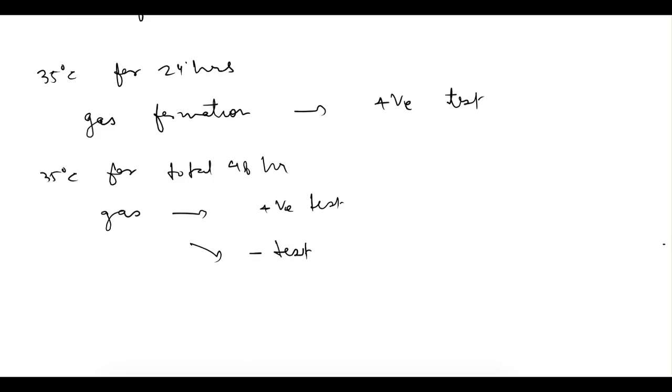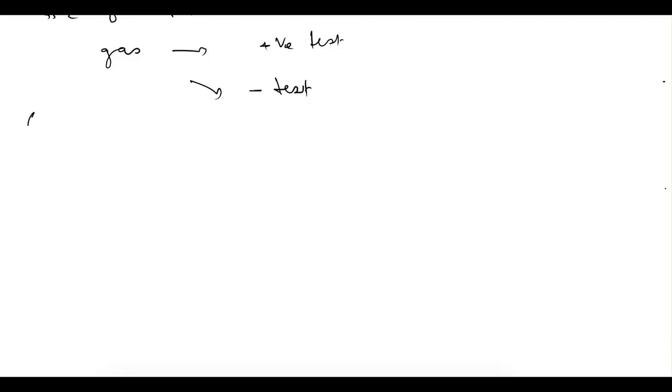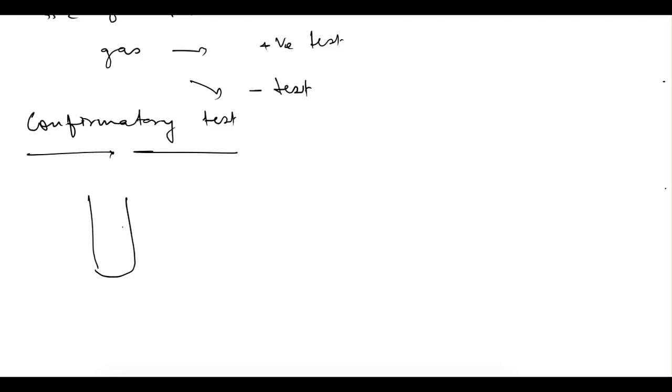Now further test will be done, we'll go for the confirmatory test only when some of these test samples are giving a positive test. So for the confirmatory test, we use these positive test samples and we take some of the water from this sample and we add it to another tube, and here green bile broth is used.